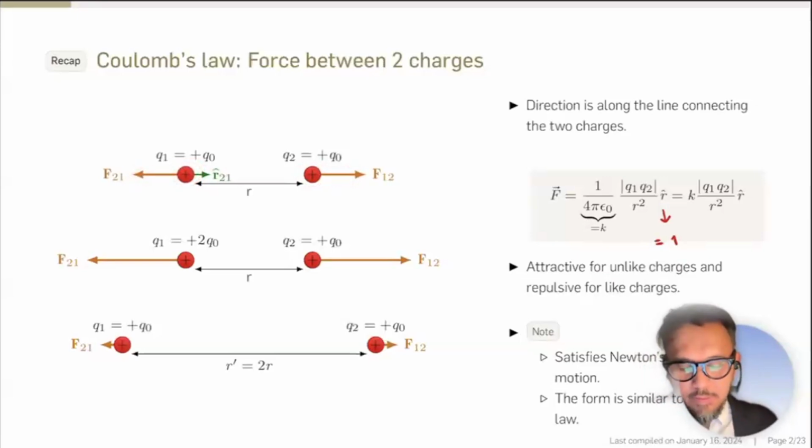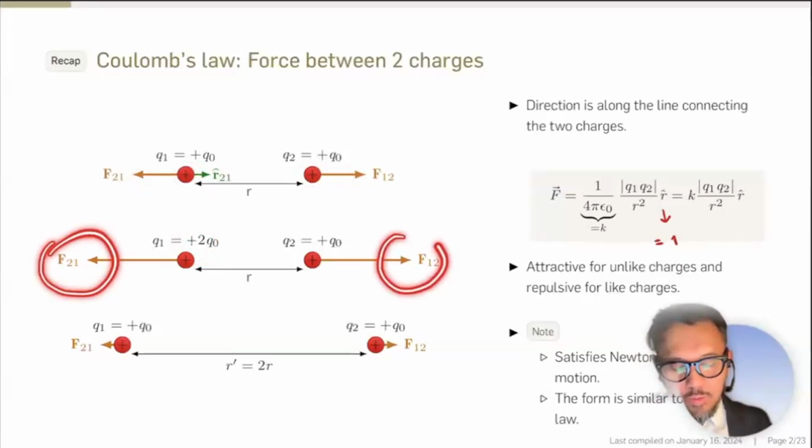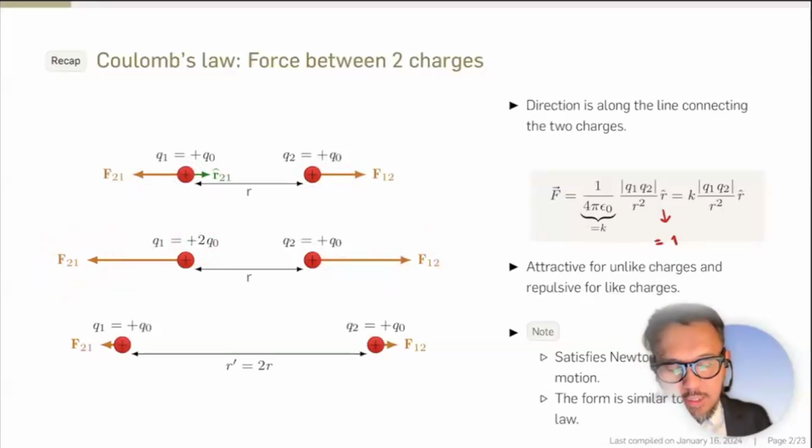In these three examples, let's say we double the charge of one of the charges, then the force becomes a factor of 2 larger, right? So this one is twice as long as the force on the first row.